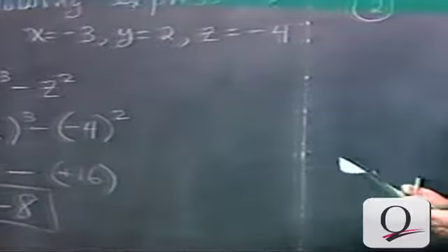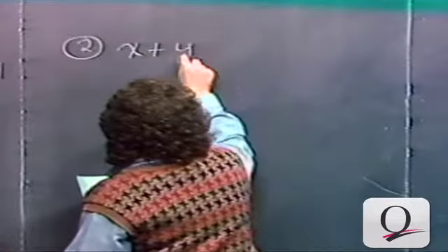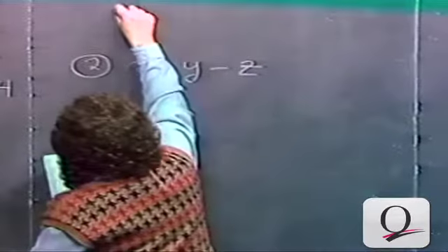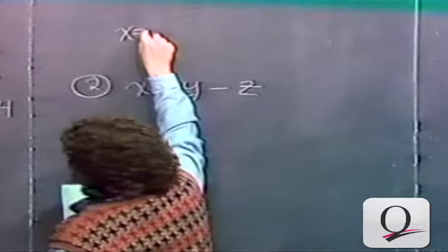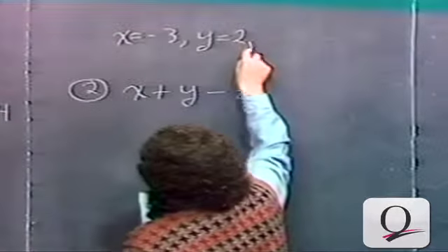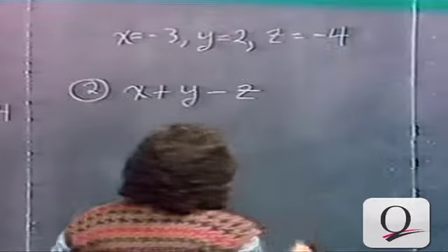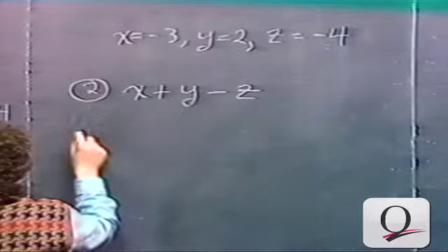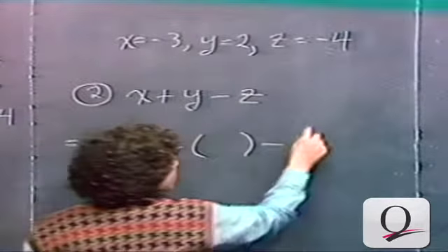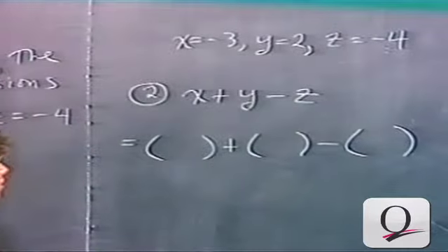The second algebraic expression that we're going to work with is x plus y minus z. I just want to remind you that in this problem, x is equal to minus 3, y is equal to plus 2, z is equal to minus 4. It's a good idea to use the parentheses and then to substitute in the values.